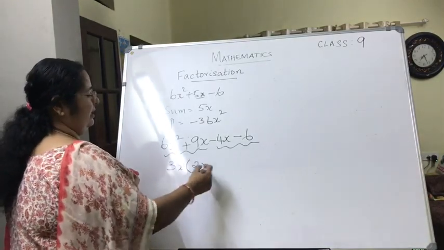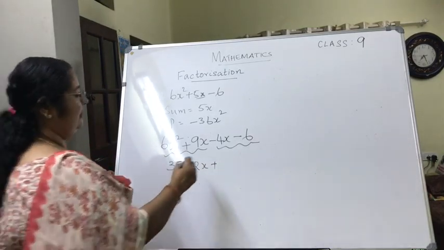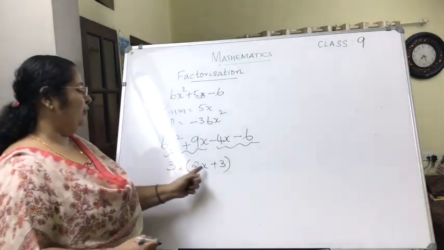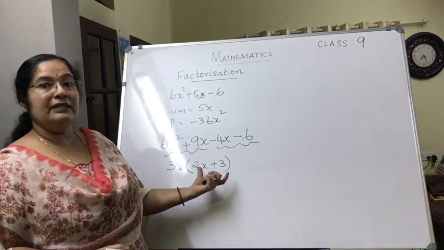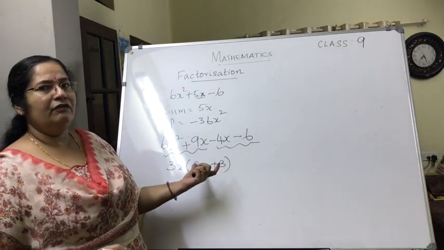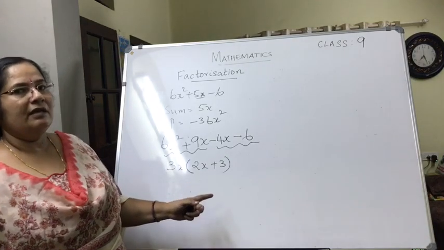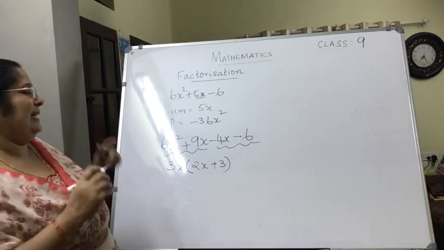So 6x square. Plus 3x into what will give you 9x? 3x into 3 will give you 9x. So as I told you, the second term also will have a 2x plus 3. So even if you are going wrong, you can find it out. This should be 2x plus 3. So somehow we can make it as 2x plus 3 by changing the signs.